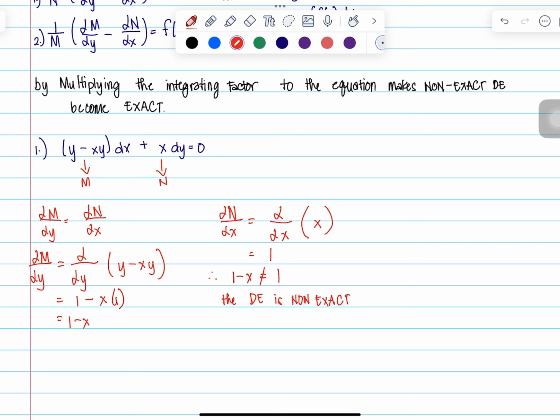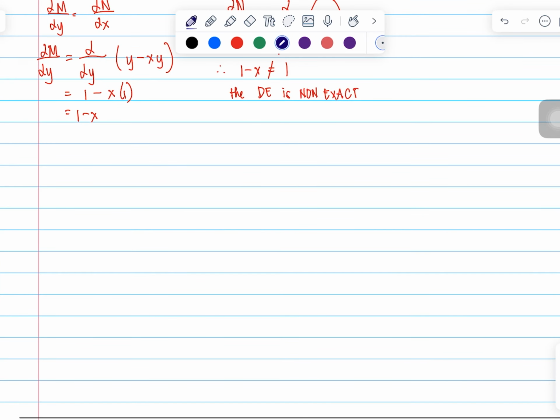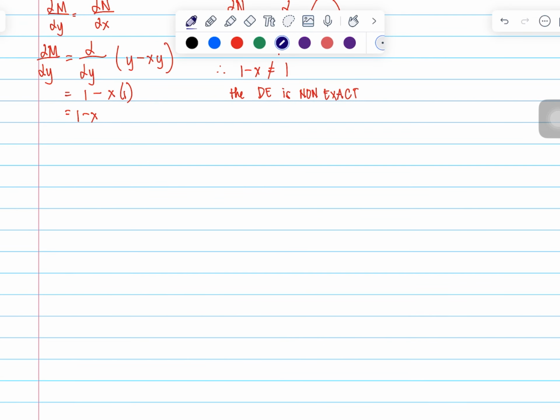Now we need to get the integrating factor. All right? So how do you get the integrating factor again? Let's try the first equation. Remembering, we have 1 over N times the partial derivative of M with respect to y minus the partial derivative of N with respect to x is equal to a function with only terms of x or a constant, right?